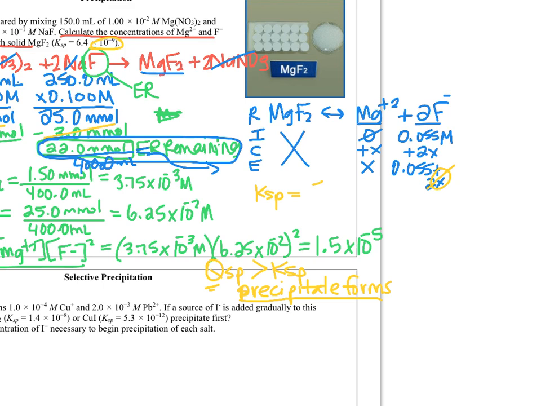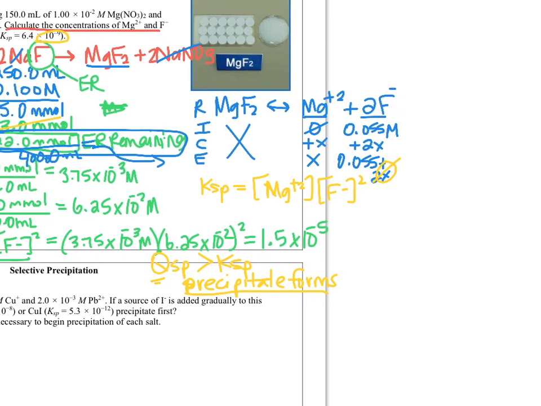So now coming back here, when I calculate the KSP after the reaction has taken place, I guess if you want me to write the whole expression for you, I'll write it so that we can see it. Mg plus 2, I skipped that earlier, times F minus squared. So when I calculate the actual KSP, I still have to shift over.